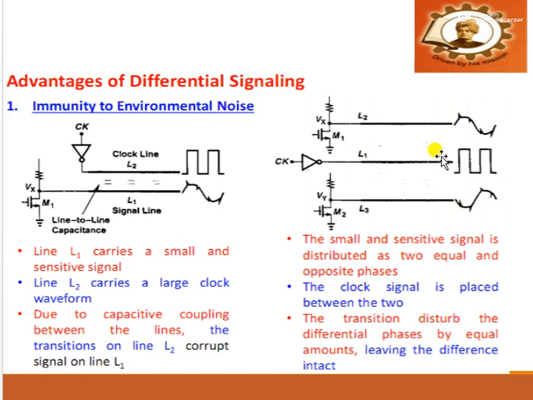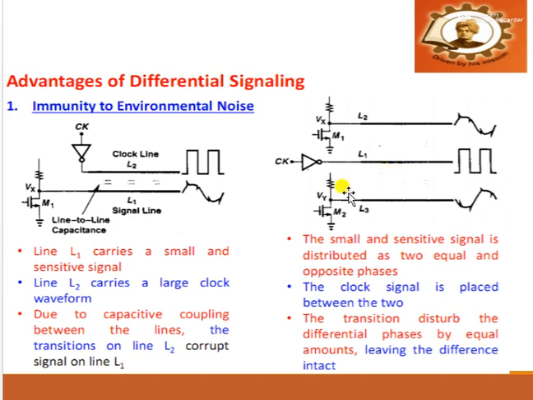So the transition disturbs the differential phases by an equal amount, leaving the difference intact. That means the effect of these two lines will be nullified. So the crosstalk will be removed here.